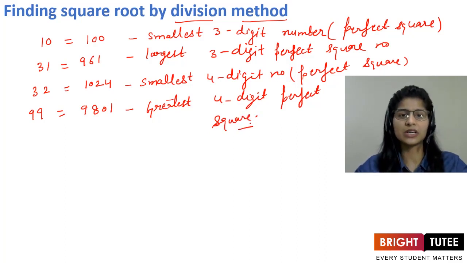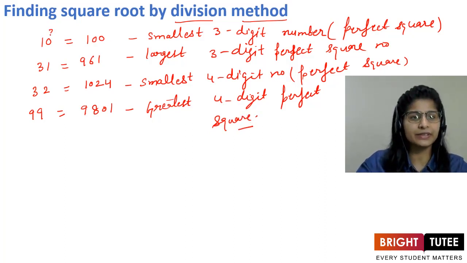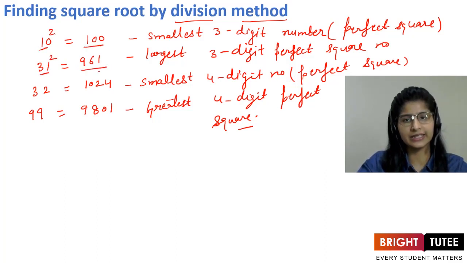Right, so what we observe here is, in the square of 10 and 31 where we had 2 digits, the answer is 3 digits. The square is having 3 digits. When we have 32 and 99, these are also 2 digits. When we do the square, we are getting 4 digits, right?